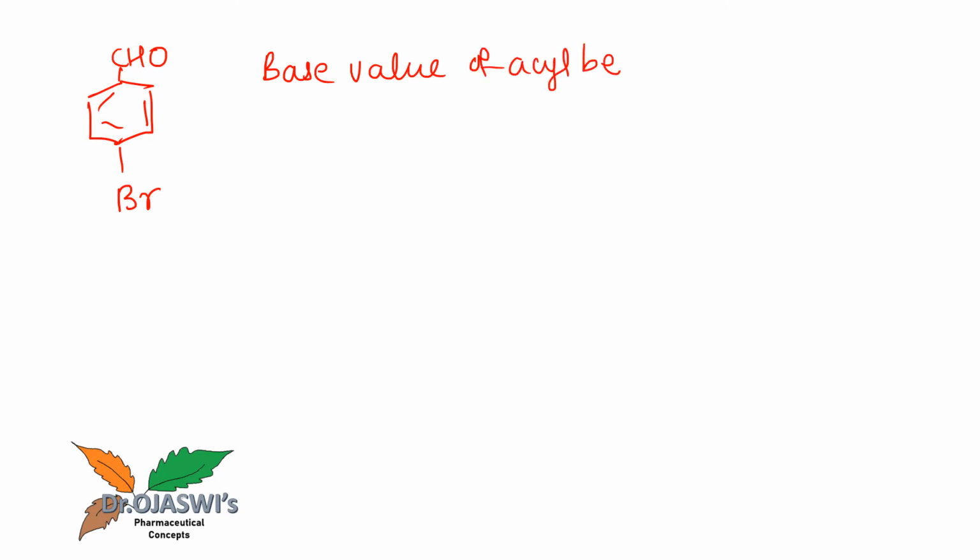So if I have this structure with me, this is CHO with Br. Here I will take the base value of the acyl benzene derivative where X is equal to H over here. In that case the base value becomes 250, just like benzaldehyde, 250 nanometers.